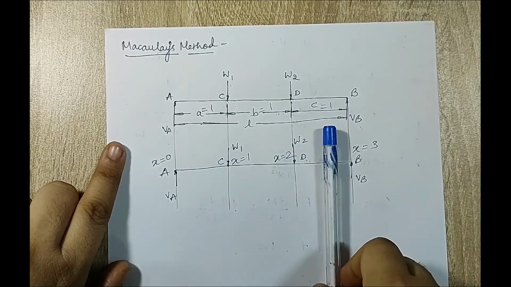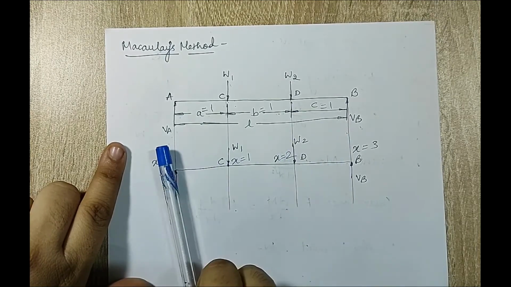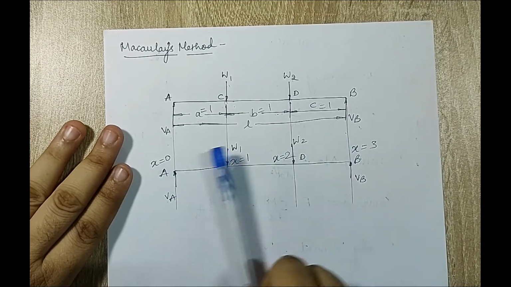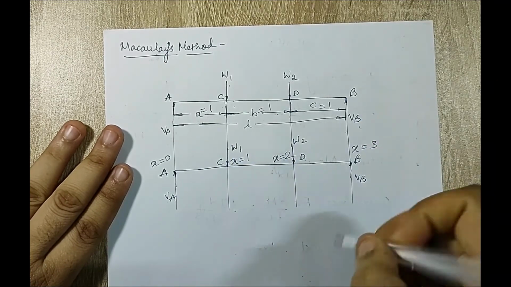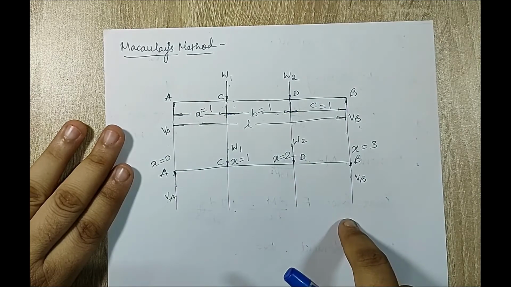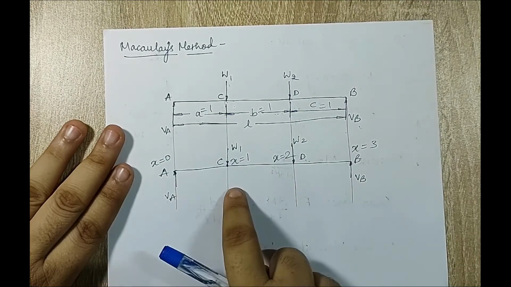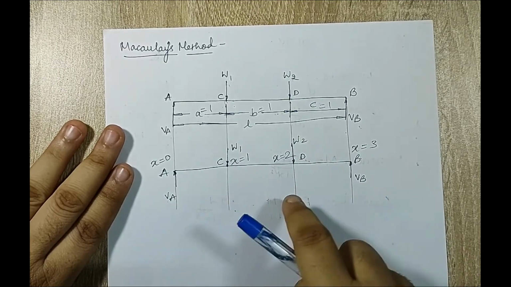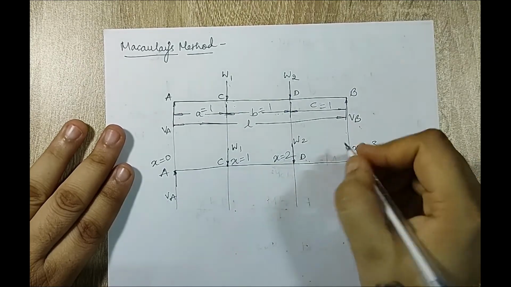There is a rule for drawing the slider on the beam. For a point loaded beam, here you can see there is no UDL, it is just a point load on the beam. So the slider has to be drawn on any one extreme end of the beam. Either you can draw on the portion A to C or on the portion D to B, but never draw it on portion CD. I'll explain why.